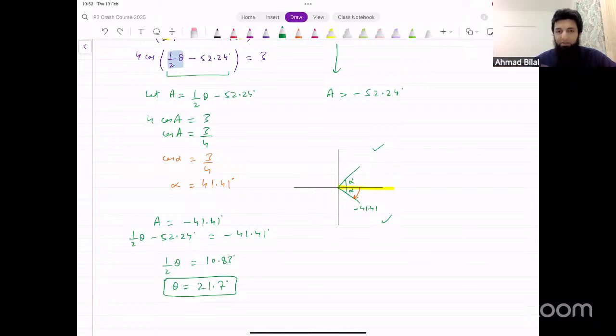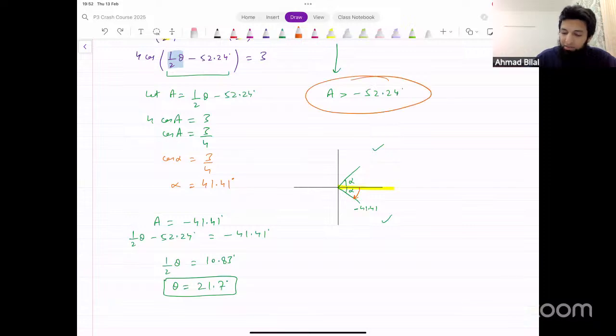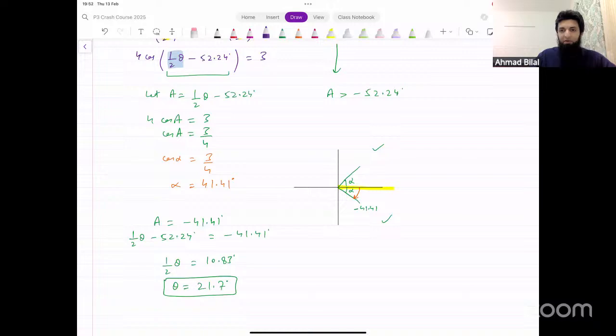And that's it, 21.7. If we had not adjusted this interval, we would wrongly assume that the first value that we're getting is this one for A, and that would give us another value of theta, which is also a solution. However, that's not the smallest possible solution. We were looking for the smallest possible value of theta.